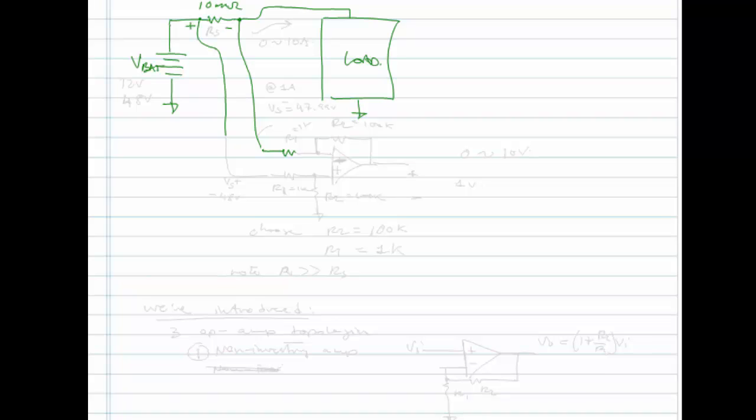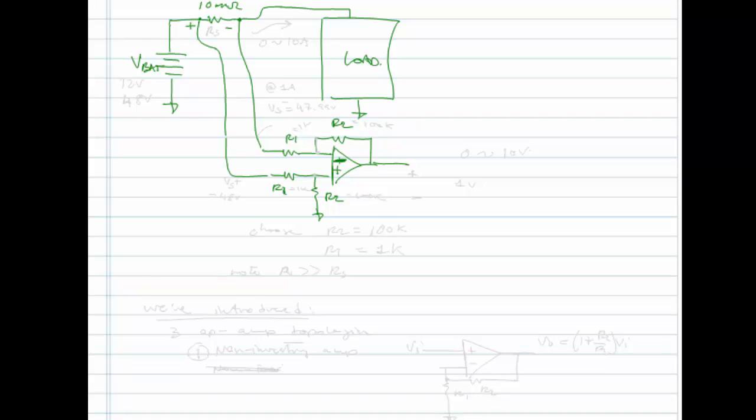We could come in with a difference amplifier. Minus and plus. Okay, and we'd have R2 and R1, and we give them the same values, right?